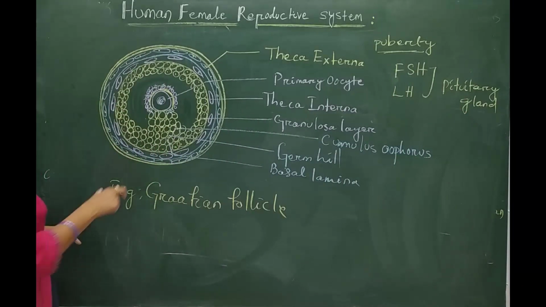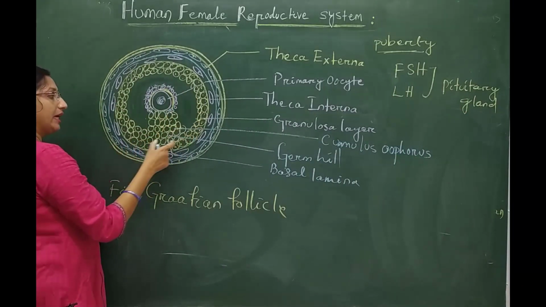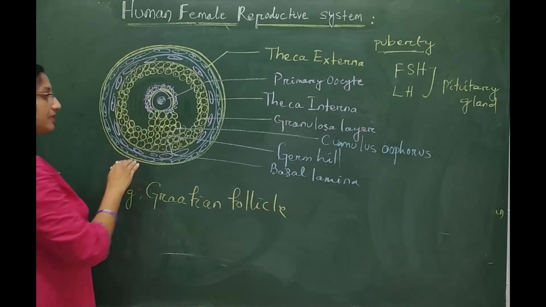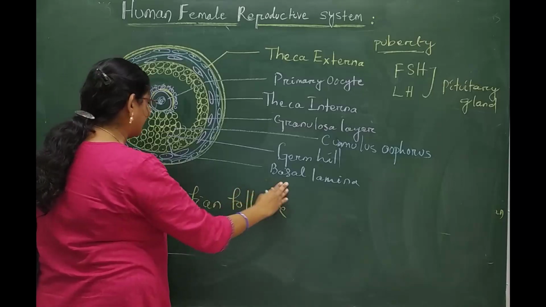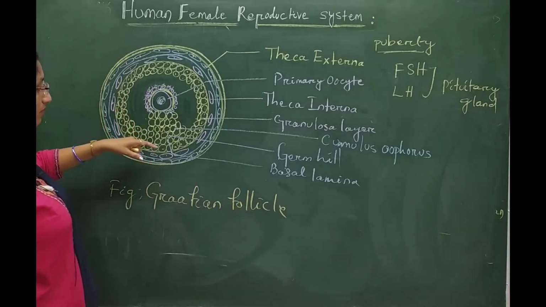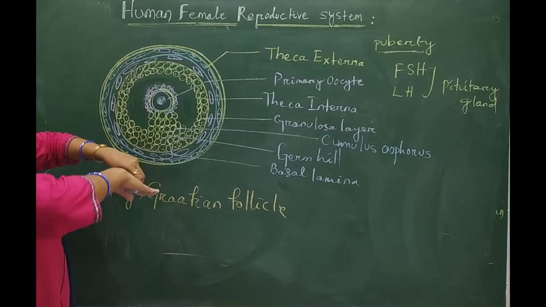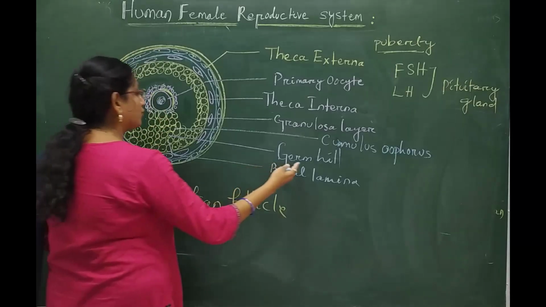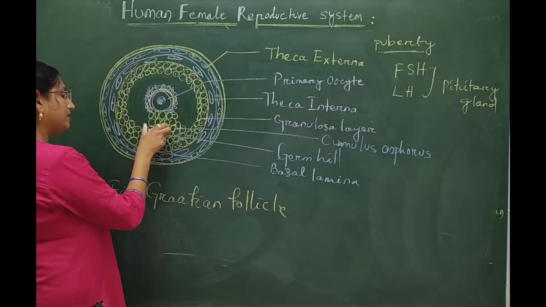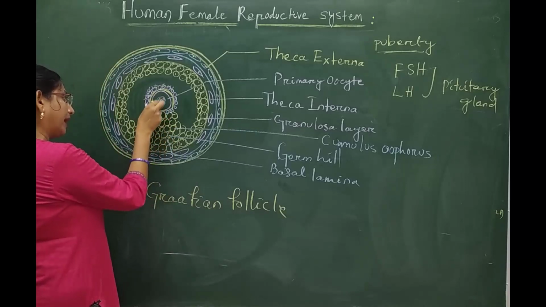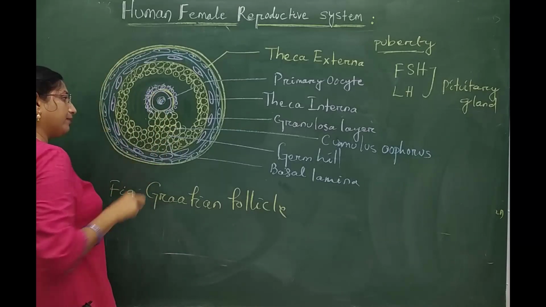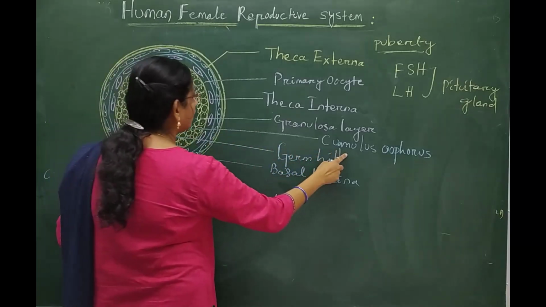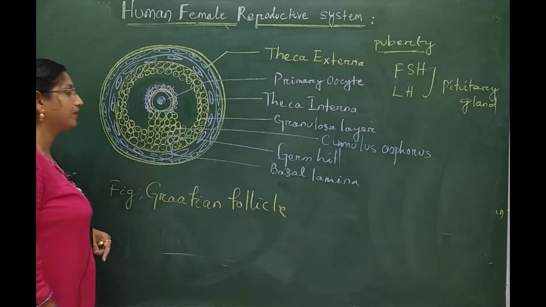So here the projection arises from the granulosa layer to the primary follicle, makes a particular base called the basal lamina, and from this basal lamina there is a hill-like structure of the germinal epithelial cells, called the germ hill, and this germ hill touches the primary oocyte present at the center of the Graafian follicle, known as the cumulus oophorus.